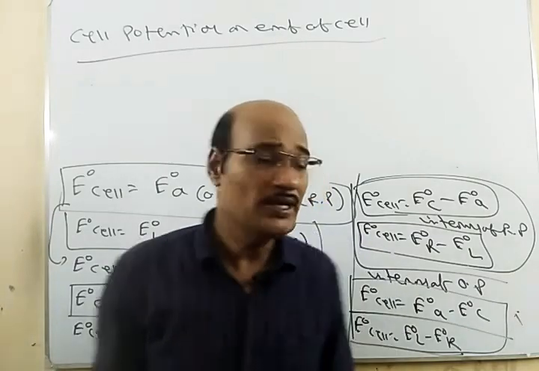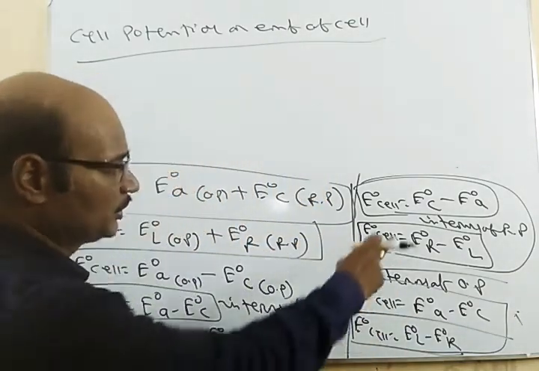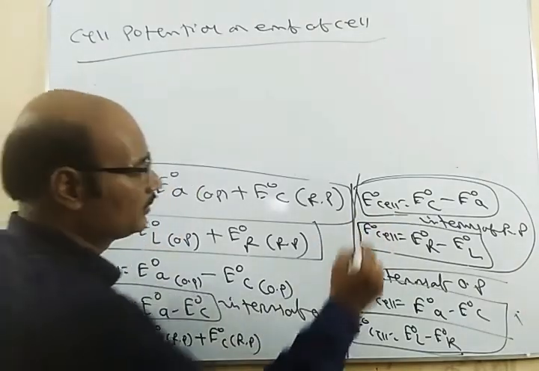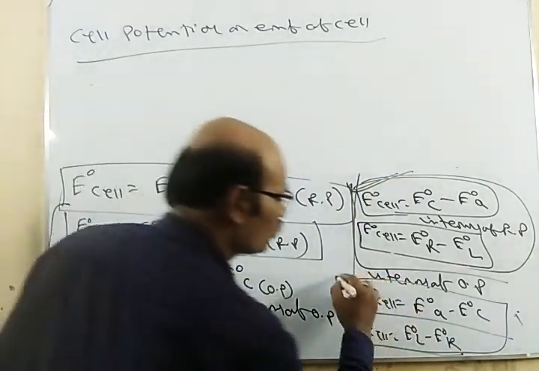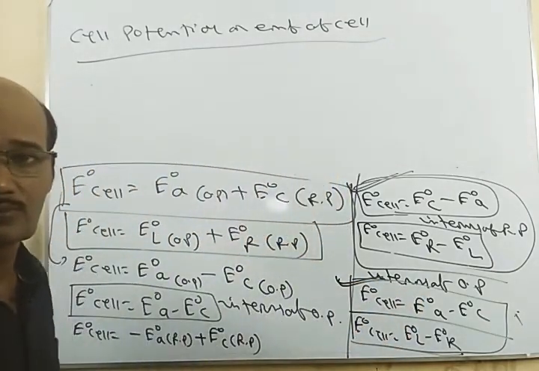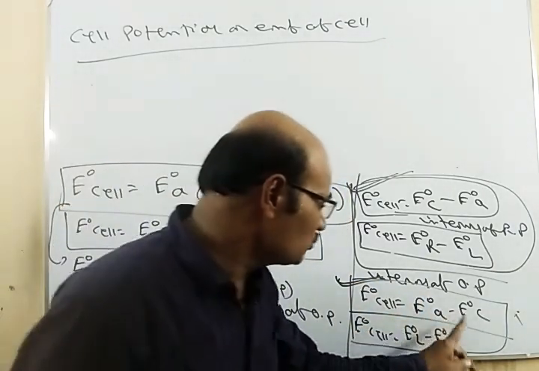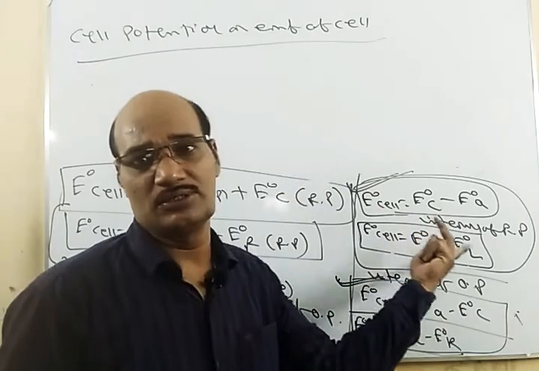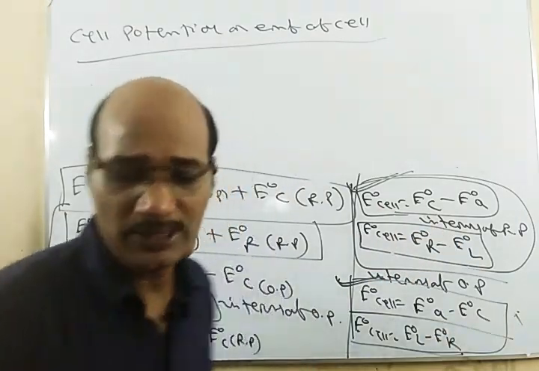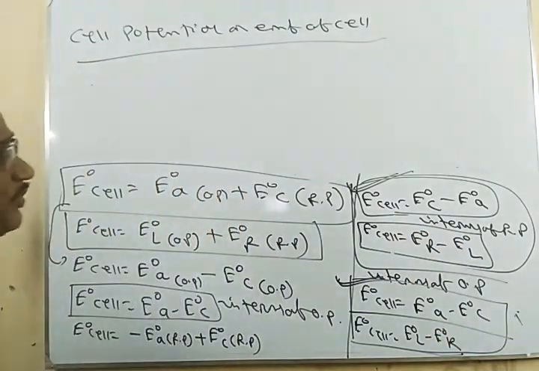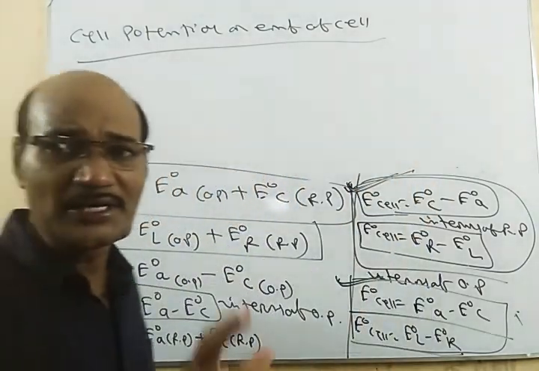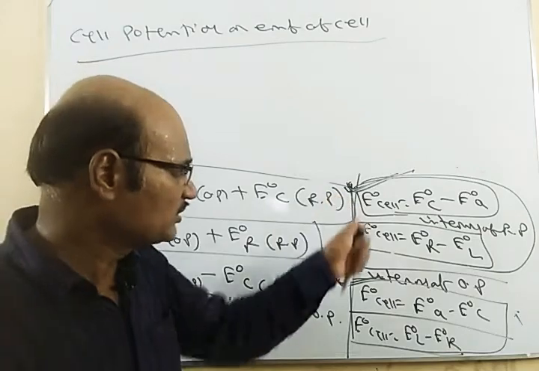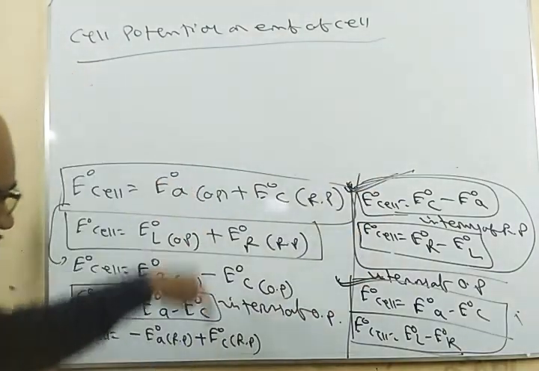If only RP is given, go for cathode minus anode. If only OP is given, go for anode minus cathode. Or you can convert it to RP and then calculate. Generally we calculate in terms of RP, cathode minus anode.